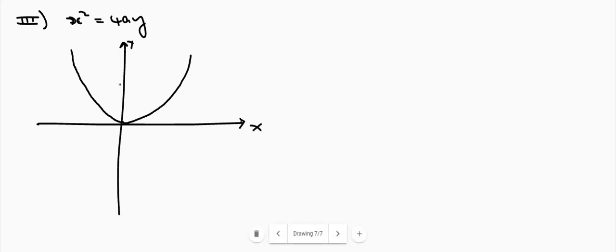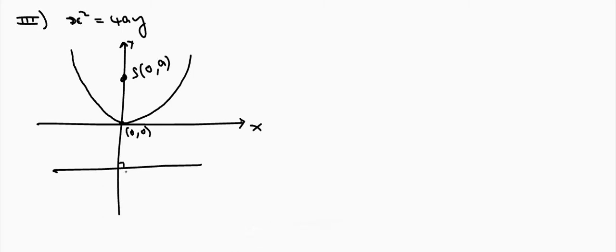The focus lies on the positive direction of the y-axis. Let it be S (0, a). The vertex we know is (0, 0), and the directrix is a line parallel to the x-axis and perpendicular to the axis of the parabola, and it passes through (0, minus a). This is d dash.